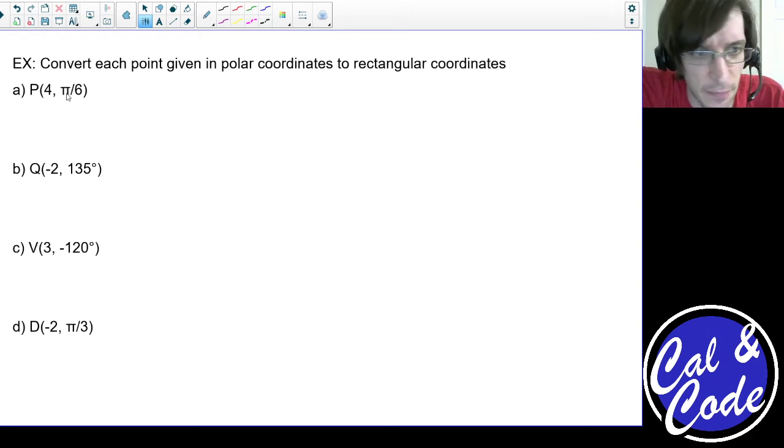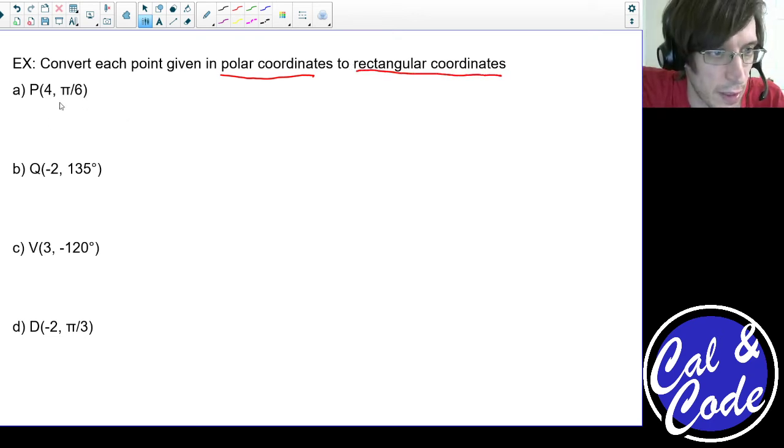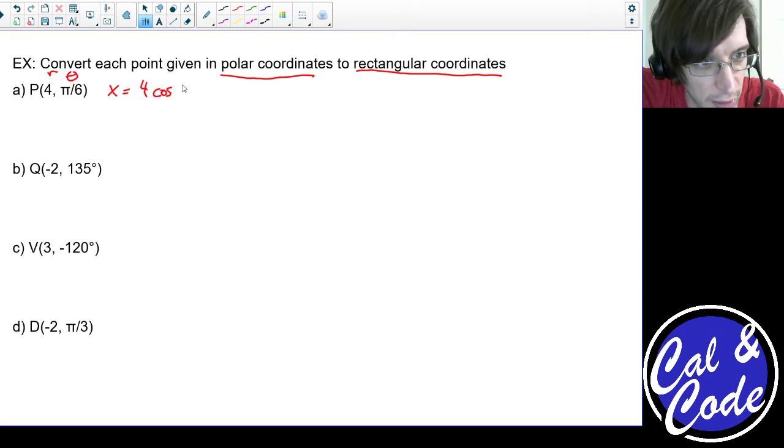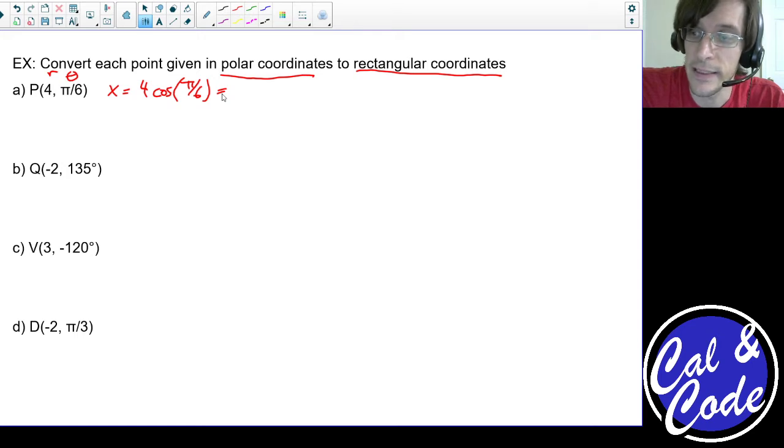In this one I'm given points in polar form, and I'd like to convert them to rectangular. Our very first one is P is 4 comma pi sixth. This is r, this is theta, so x is r cosine pi sixth. For the cosine of pi sixth, you need to know your unit circle. It's root 3 over 2.